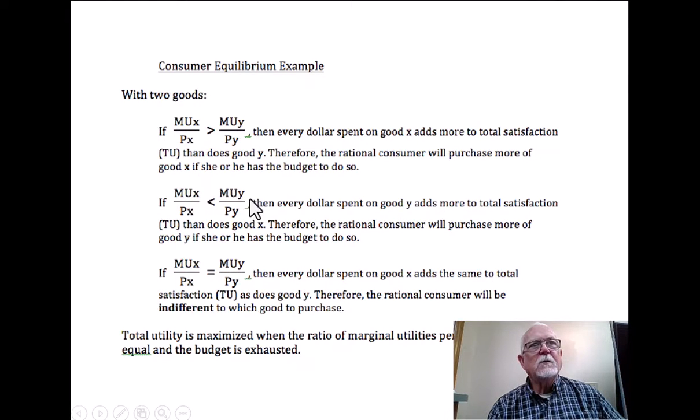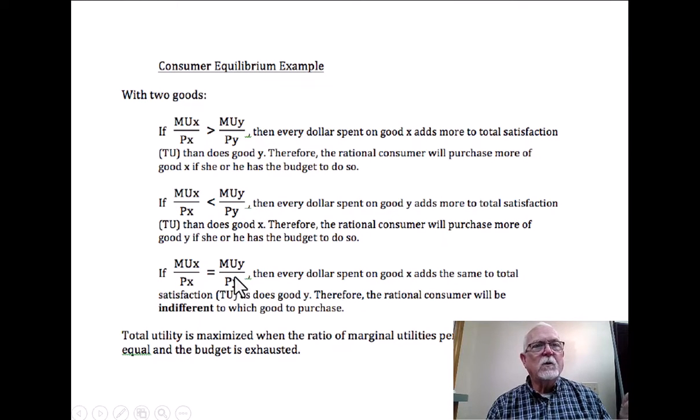On the other hand, if it's just reversed, we're going to add to our total utility, our satisfaction, more if we buy boats rather than planes. So we wouldn't stay at these points. We would buy more of one and less of the other, depending on which the ratio applies.